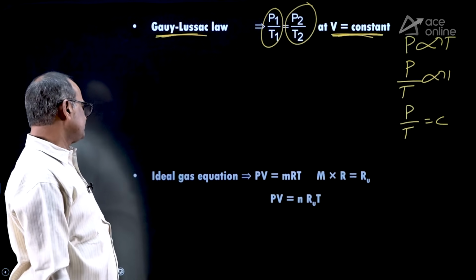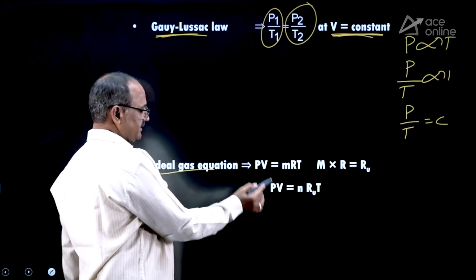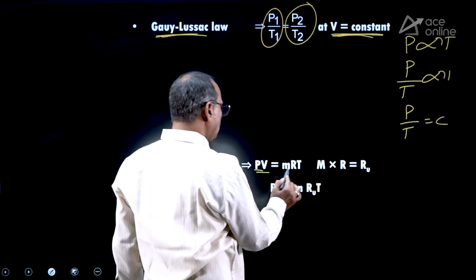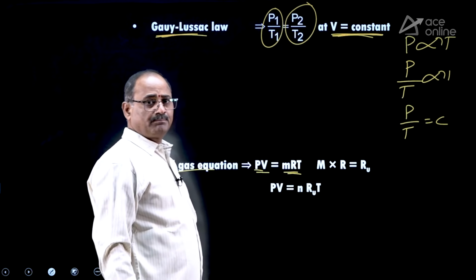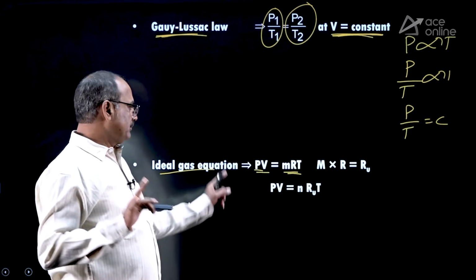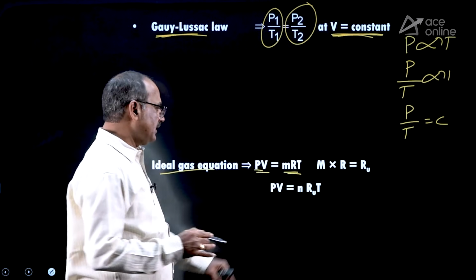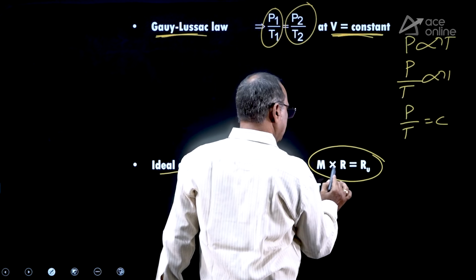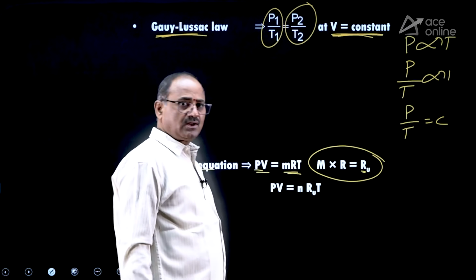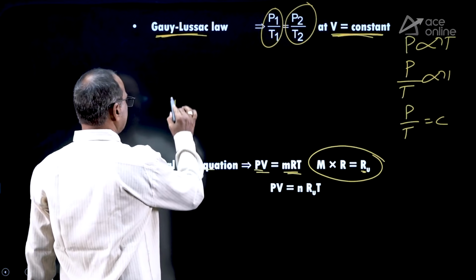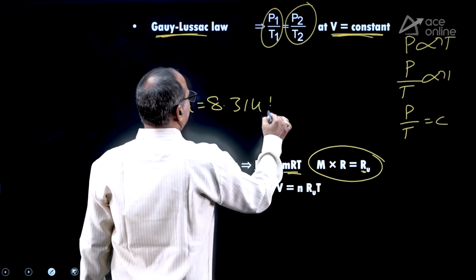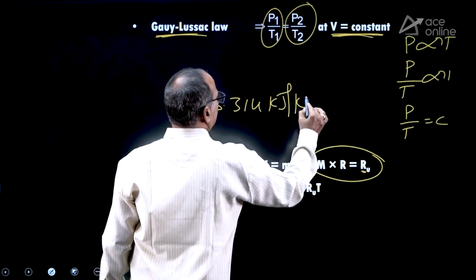Similarly, the ideal gas equation is also called the characteristic gas equation. PV equal to mRT is correct. PV equal to nRT is not correct. Remember, the product of molecular weight and gas constant is the universal gas constant, R_U. The universal gas constant R_U equals 8.314 kilojoules per kilomole Kelvin.